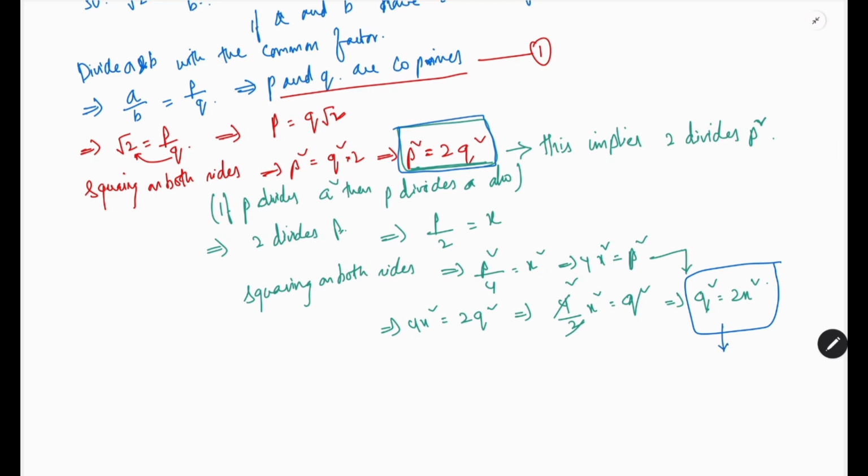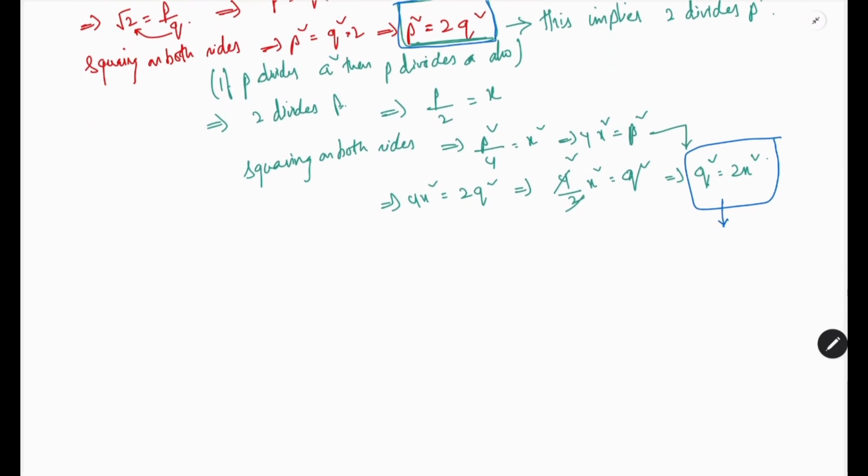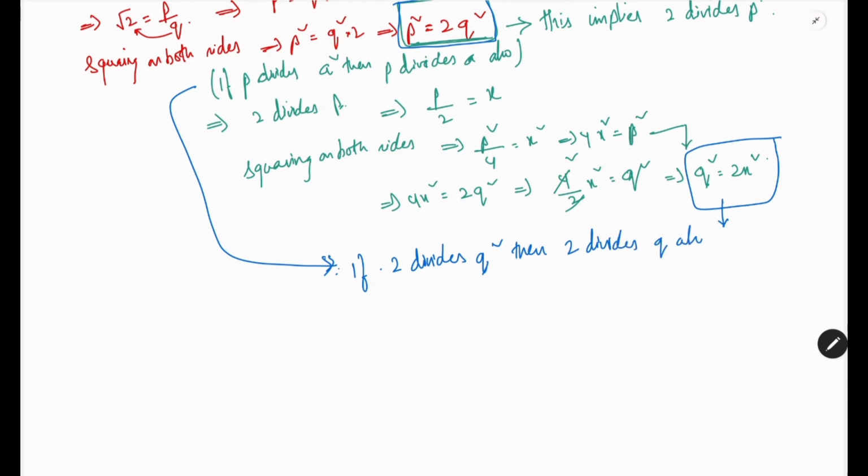With theorem 1.2, if P divides A square, then P divides A also. So here, if 2 divides Q square, then 2 divides Q also.